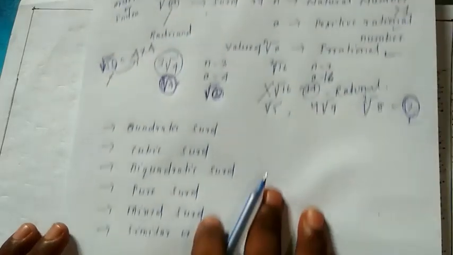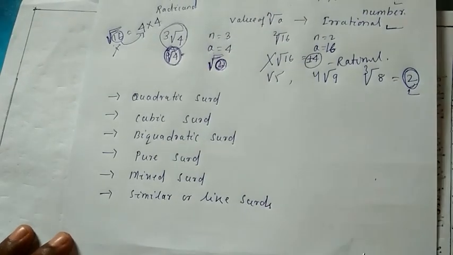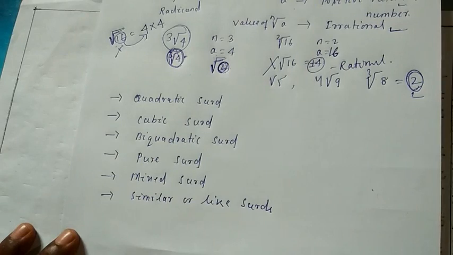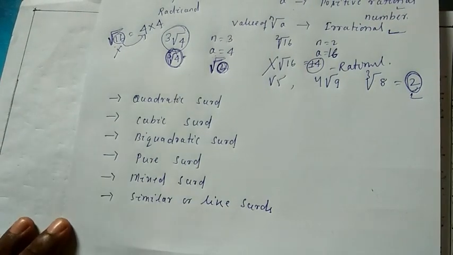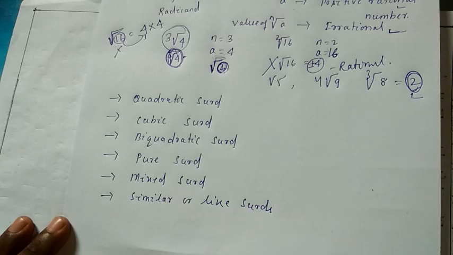Okay. Now I will explain about quadratic surd. What is a quadratic surd? If a surd has order 2, that means n is equal to 2, then the surd is called quadratic.